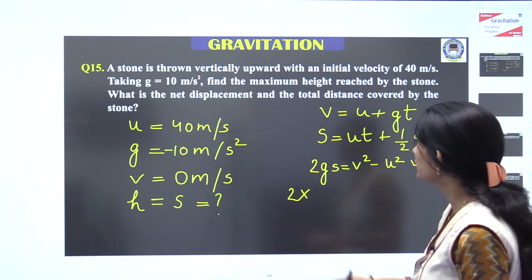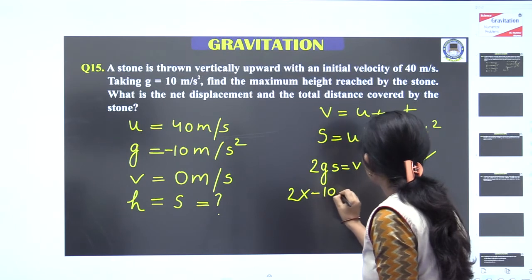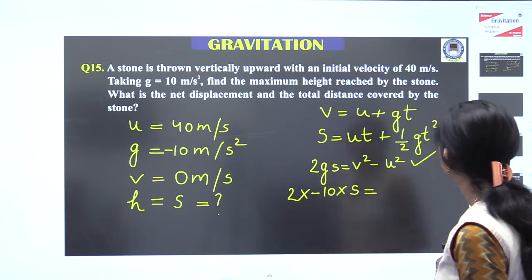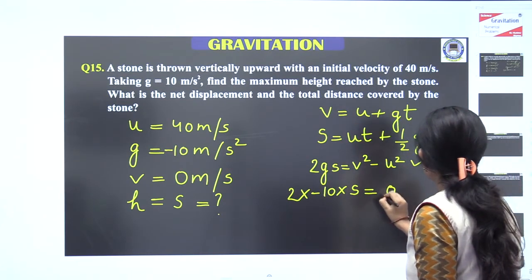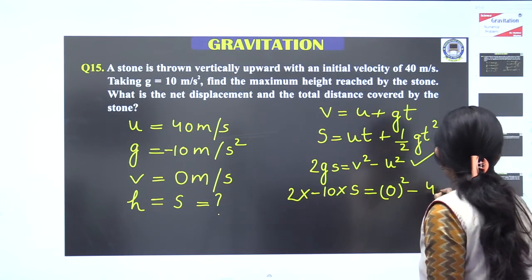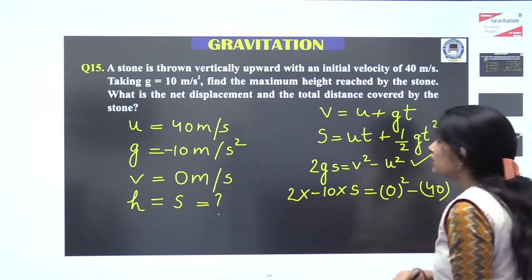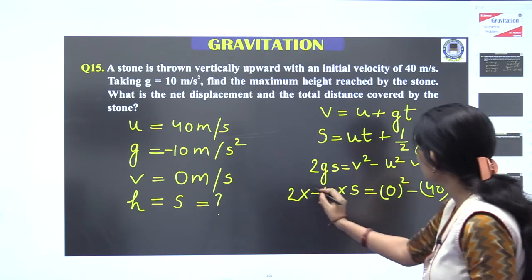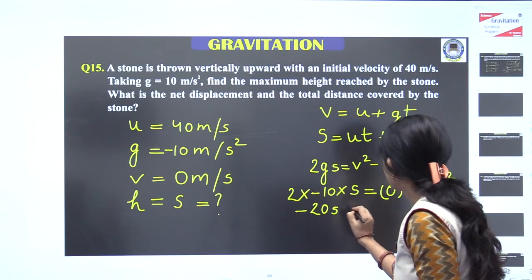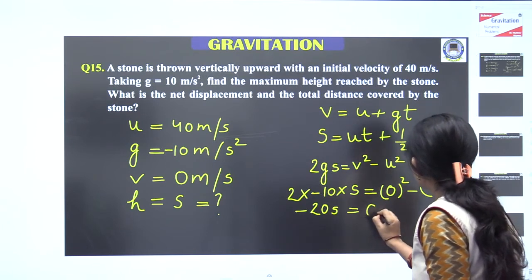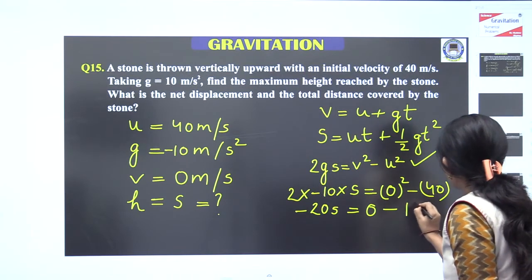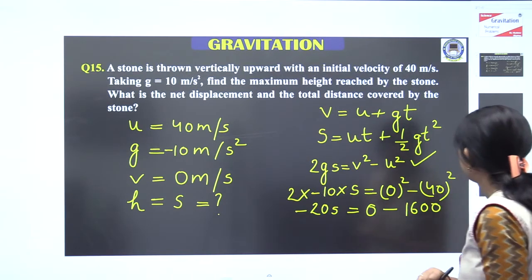2 into g, minus 10, into S, which we have to calculate, is equal to v, 0 square, minus u, 40 whole square. 2 into minus 10, minus 20 into S, is equal to square of 0, 0, minus square of 40, it is 1600.